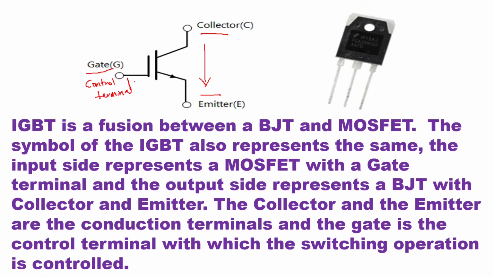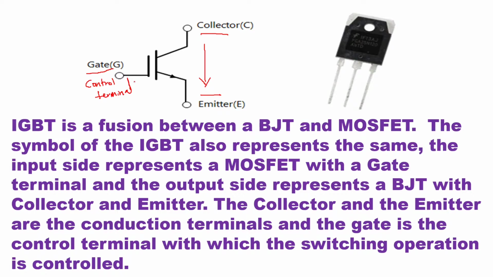If you see the explanation here, IGBT is a fusion between a BJT and MOSFET. The symbol of the IGBT also represents the same. The input side represents a MOSFET with a gate terminal, so it is an insulated gate. And the output side represents a BJT with a collector and emitter.